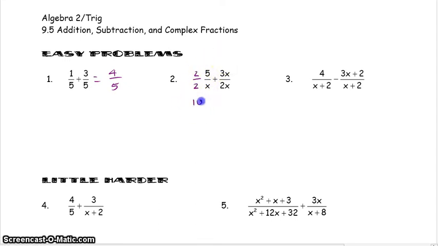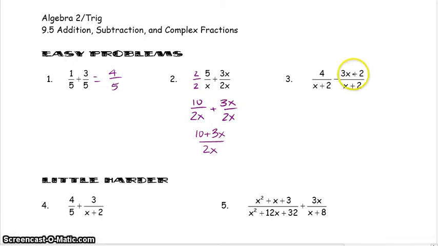So then this becomes 10 over 2x plus 3x over 2x. When we simplify this, the denominator stays the same, 2x, and the numerator, could we simplify 10 and 3x? We can't combine those, so we just write that as 10 plus 3x, and that is our answer.